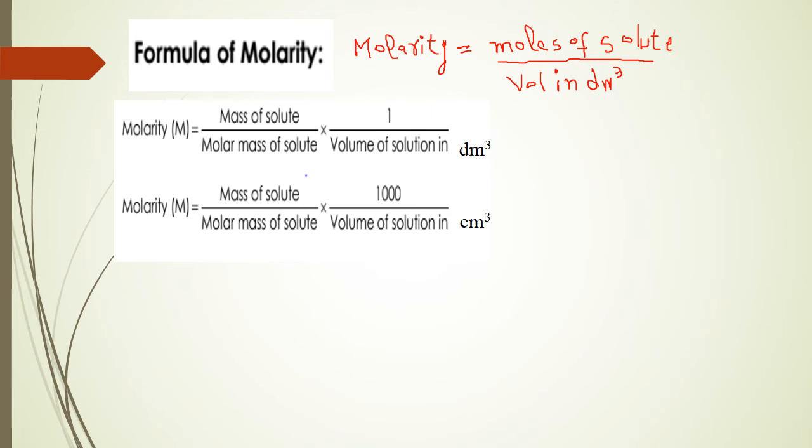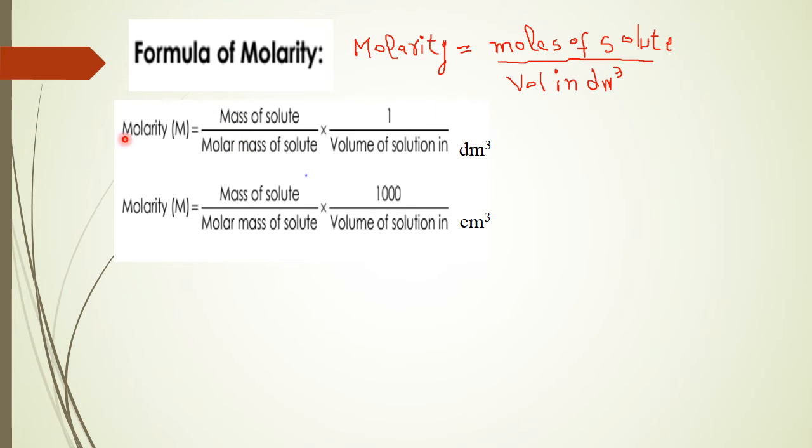You can use both formulas. If the moles are given to you in any question, then you can use this formula: moles of solute divided by volume of solution in dm cube, right?